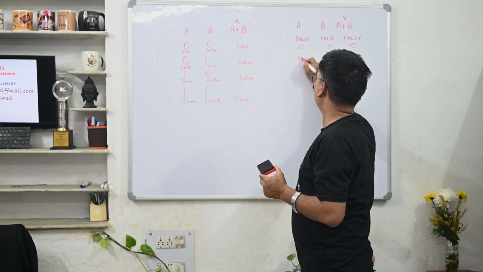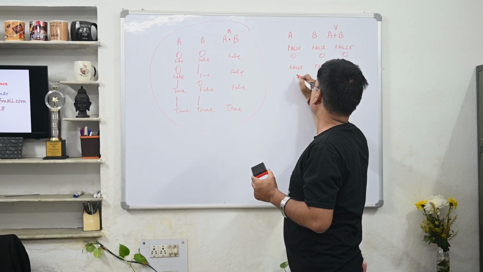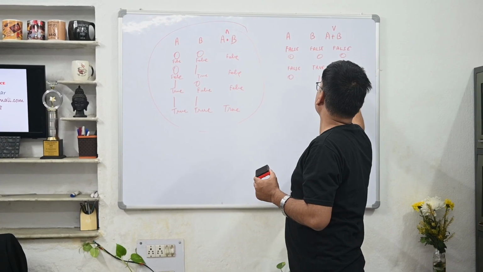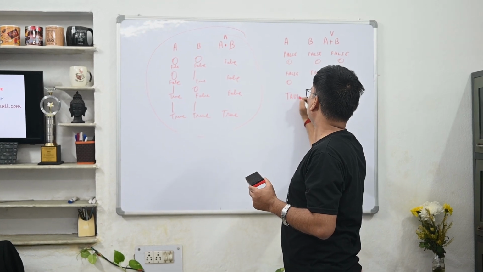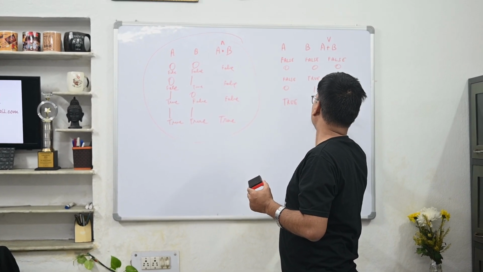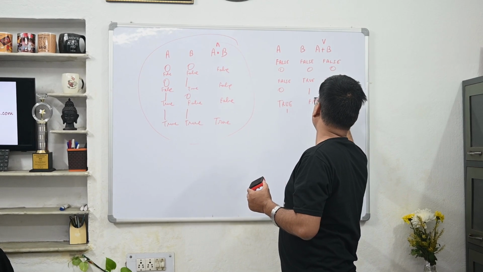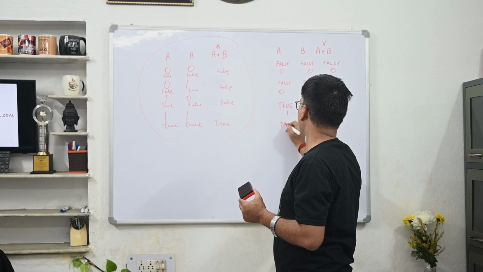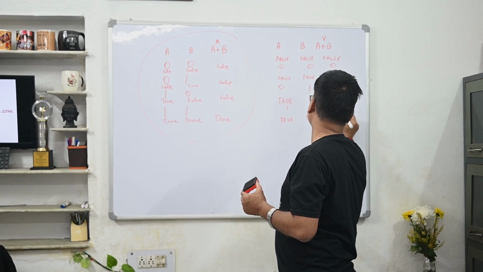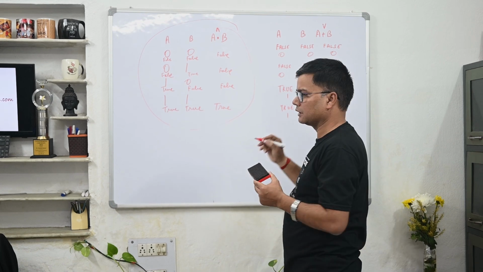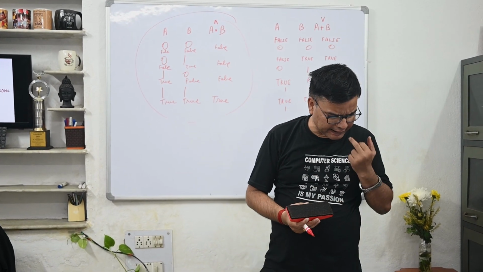False then true, that is 0 and 1, in that case it is true, that's 1. True, then false, 1, 0, results in true, that is 1. True, true results in true, that is 1, 1, results in 1. So this is disjunction.